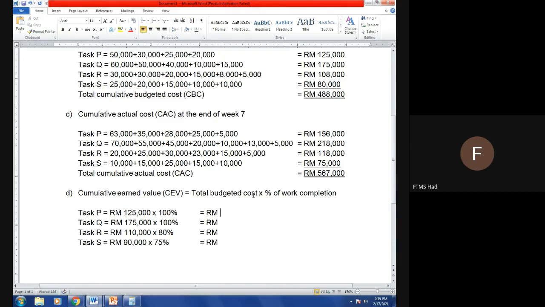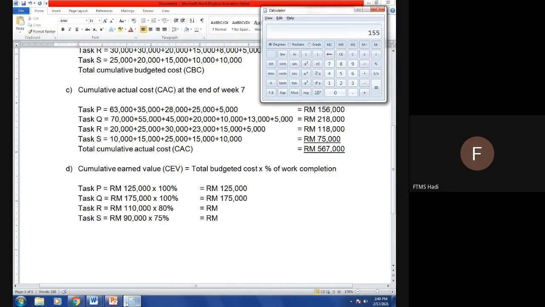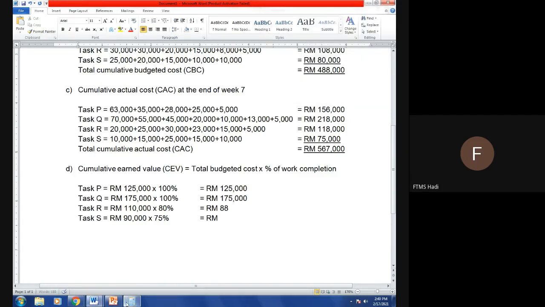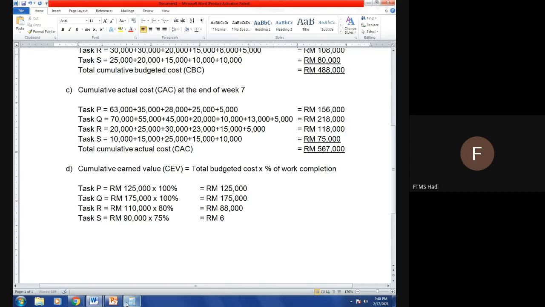For 100%, there is no problem because it will be the same answer. But for this one, 80%, 80 divided by 100 multiplied by 110,000, you will get RM 88,000. And the last one, 90,000 multiplied by 75% divided by 100, which is RM 67,500.